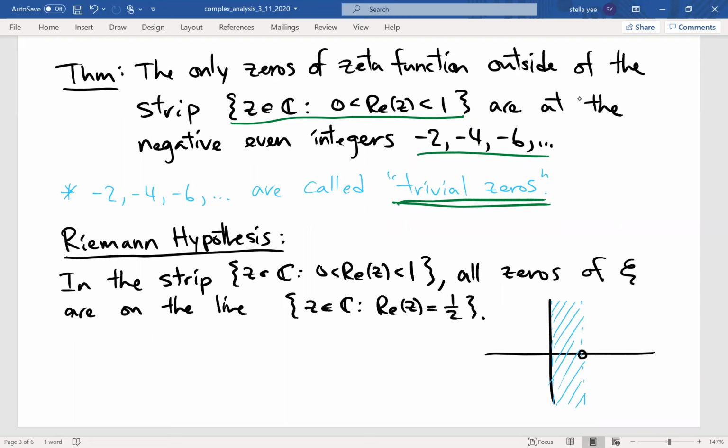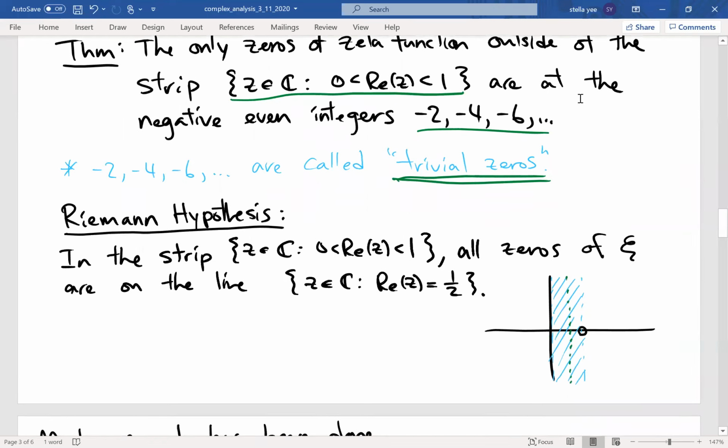So this center vertical line on the critical strip contains all of the zeros on there. That's the Riemann hypothesis. So we don't know this for true, but if you can prove it or disprove it, you will be owed $1 million.